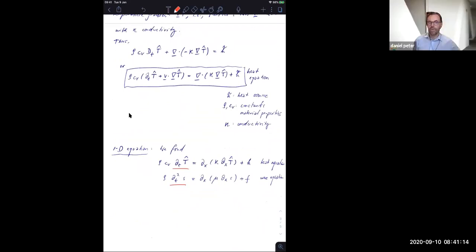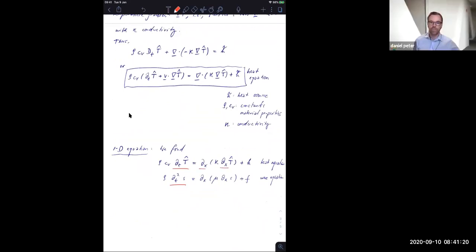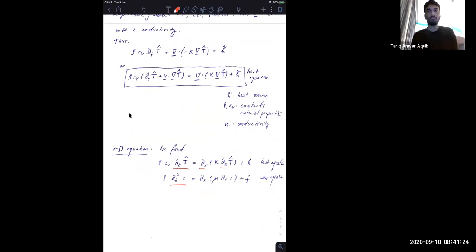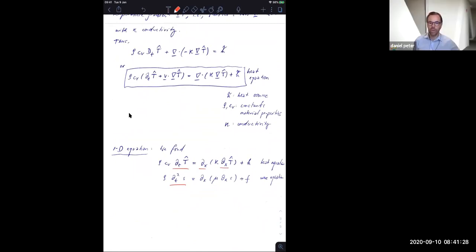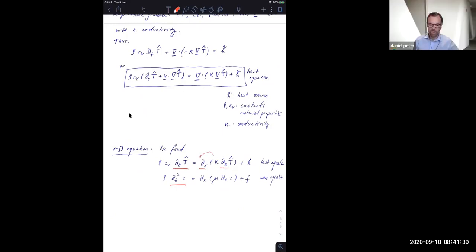It has a first order time derivative and first order spatial derivatives. And you see if the conductivity is constant, if it doesn't change in the medium, it could be taken out, and we would then have a second order spatial derivative of temperature.